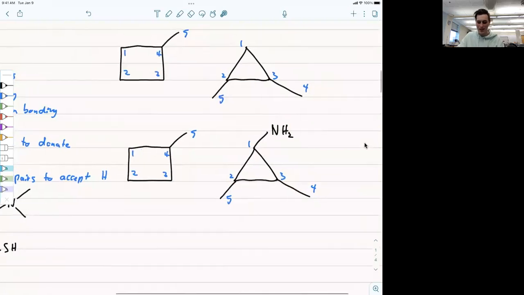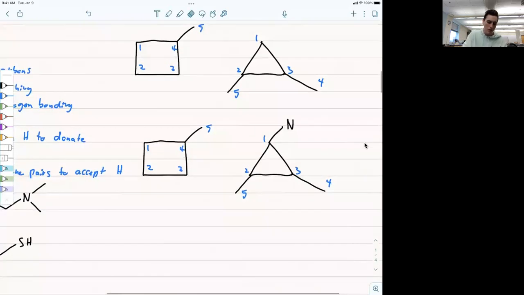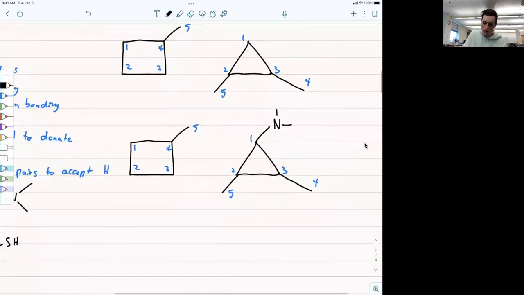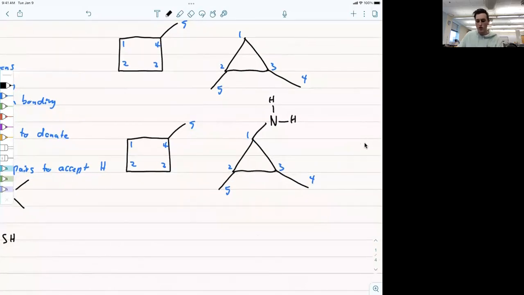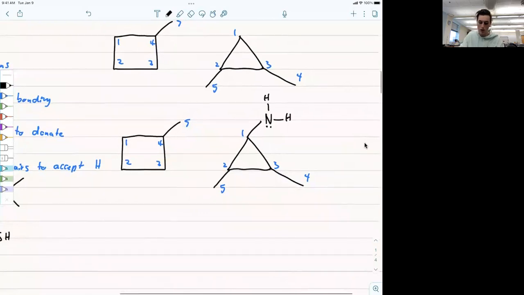The reason is that I have my 2 hydrogens on here, which is both a hydrogen bond donor and acceptor. So we know from functional groups that, especially nitrogen, is going to have a lone pair, and then in this case 2 hydrogens and a carbon on the other end.